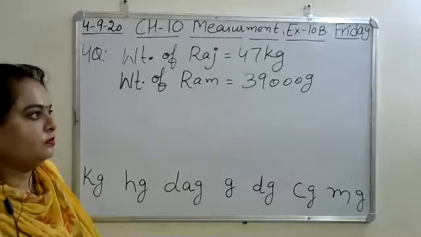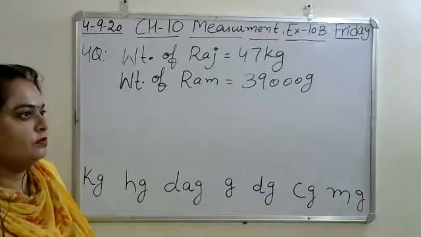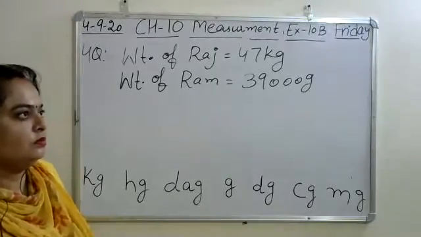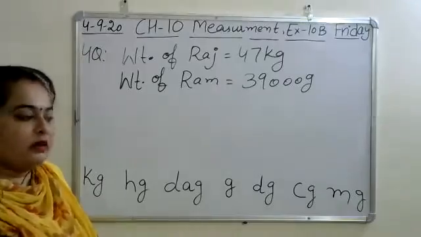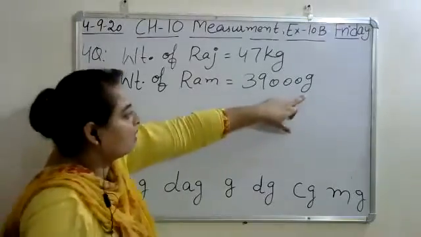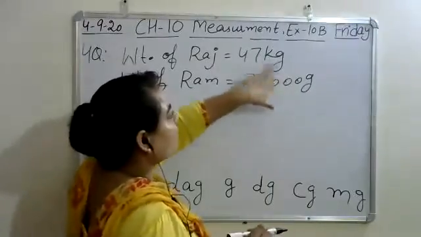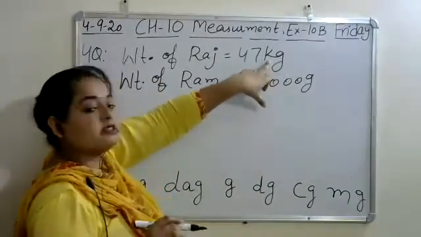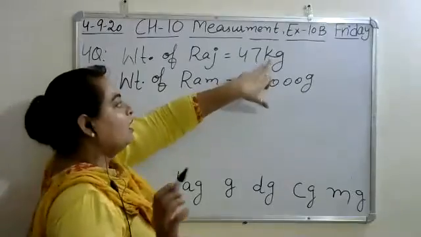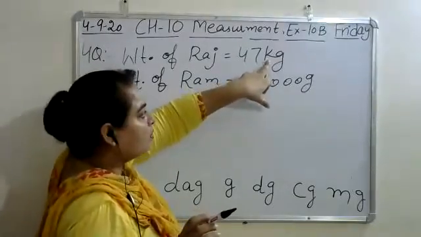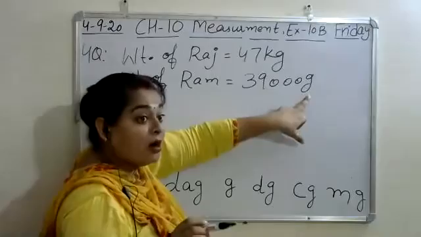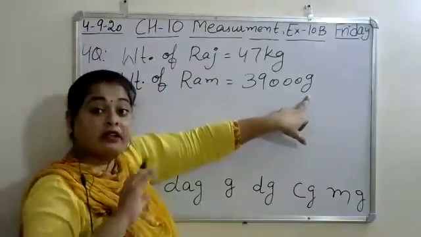By multiply. Now this is gram. Both the units are different. This unit is kilogram. All of you listen. This unit is kilogram. This unit is gram. Both the units are different.